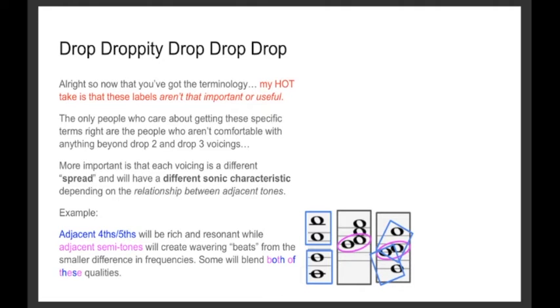Now, if we look at this middle voicing here with the light purple oval around it, you get a minor second, so just a single semitone, followed by a major third, followed by a minor third. So when you get the B and the C right next to each other in that voicing, it's going to create that sort of wavering beat quality from just the small difference in frequency.